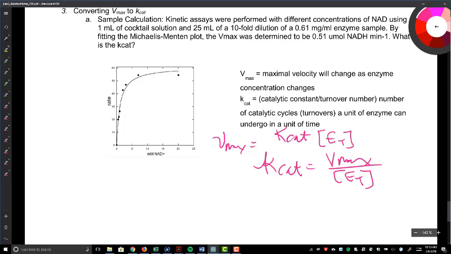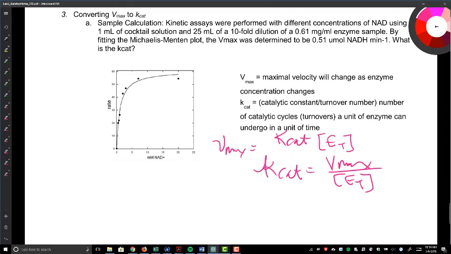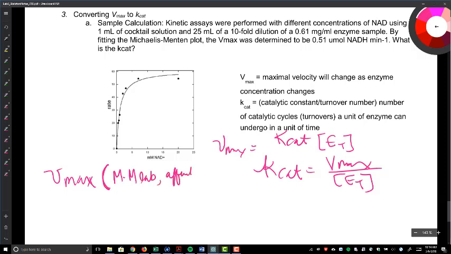But then the quick question is, how are we going to calculate the Kcat? In layman's terms, you have to calculate the Vmax, and this is the Vmax you're going to get from your Michaelis-Menten lab, and remember that's the affinity sample. Then you have to divide it by the micromoles of enzyme.